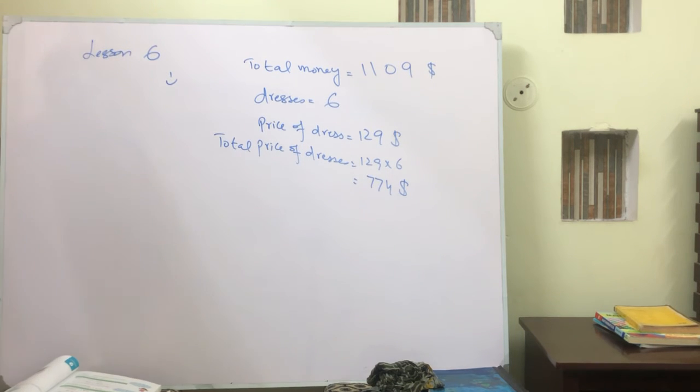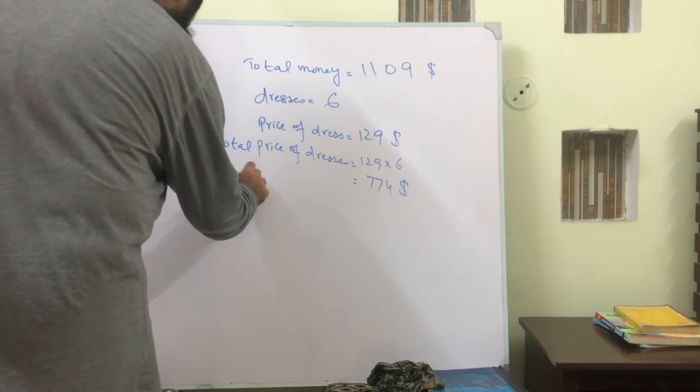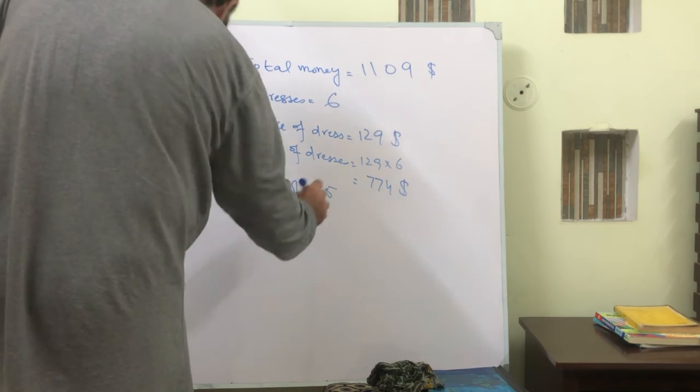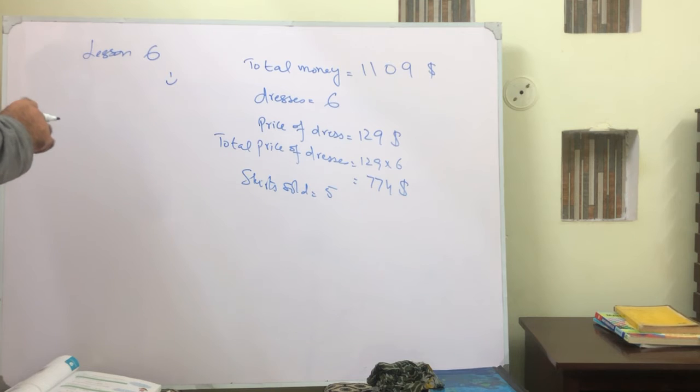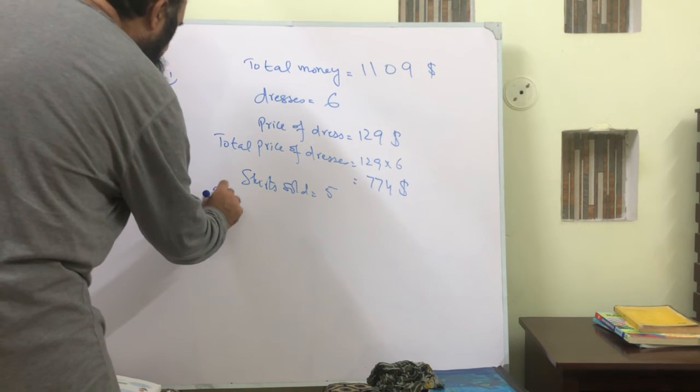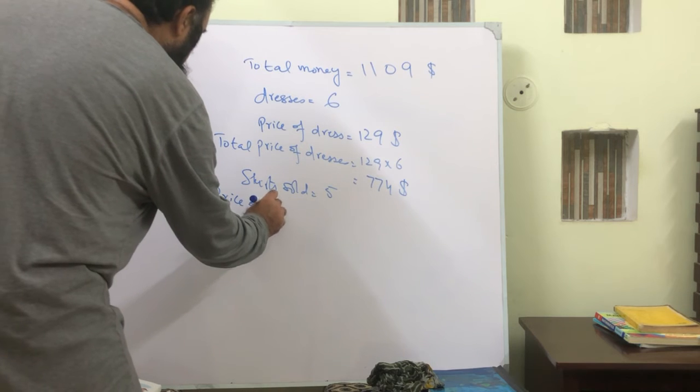Okay. Now they say that she sold 5 skirts. So skirts sold: 5. Okay. How much did she sell each skirt for? Now we can see, what is the price of 5 skirts?